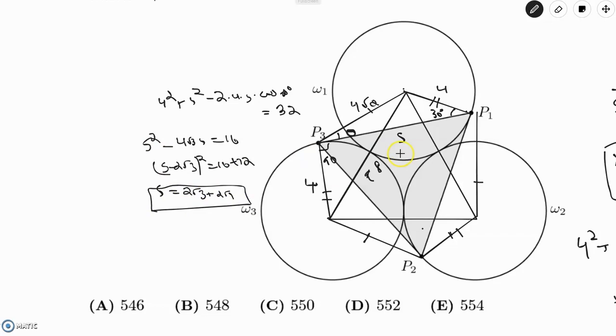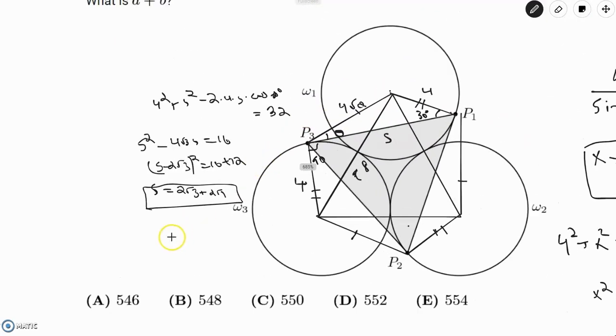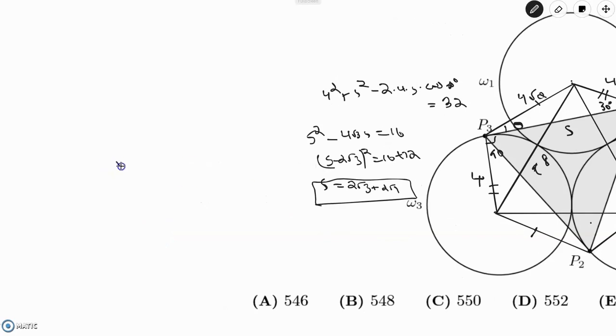So now that we have the value of s, all we have to do is find the area of this in the form that it's requested. So the area is equal to root 3 s squared over 4, which is equal to 2 times root 3 plus root 7 whole squared times root 3 over 4.